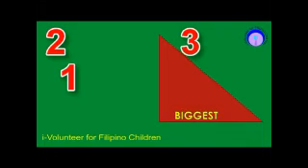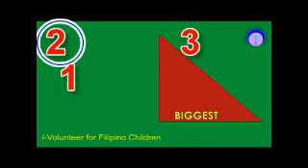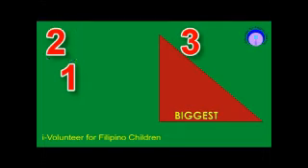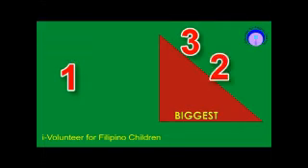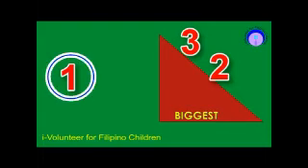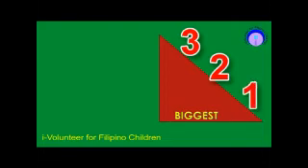Sa natitirang digits 2 and 1, ano ang isusunod nating second biggest? Yes, second biggest is digit 2. Now, digit 2 will be placed after digit 3. There you have it. Now, there is only 1 remaining. Therefore, we will move digit 1 after digit 2. Now, we have the biggest number formed, 321.